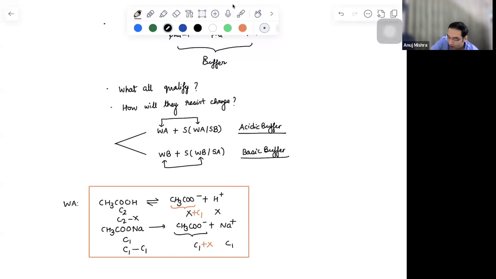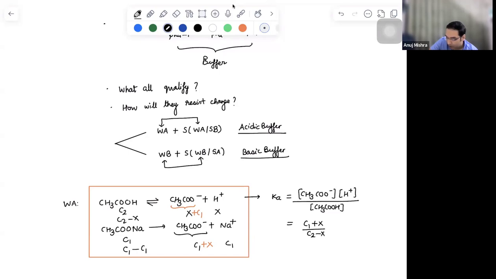What is equilibrium constant for the first reaction? Can I say dissociation constant of acetic acid is Ka, which is CH3COO negative into H plus divided by CH3COOH. Any problem in this so far? Okay. Now, if you put the numbers here, this is C1 plus X and CH3COOH is how much?